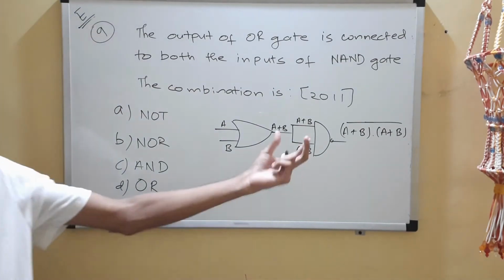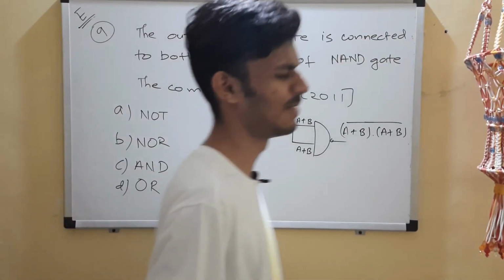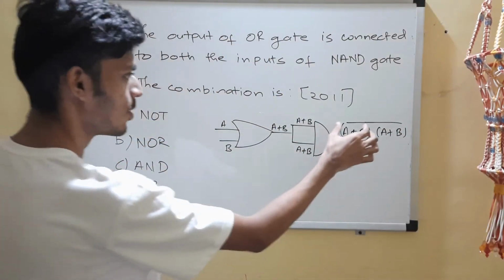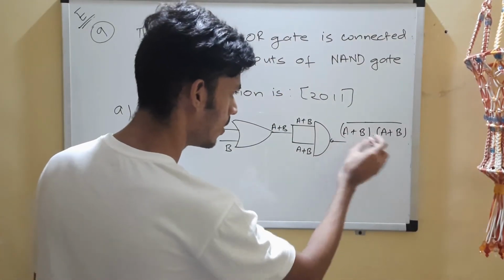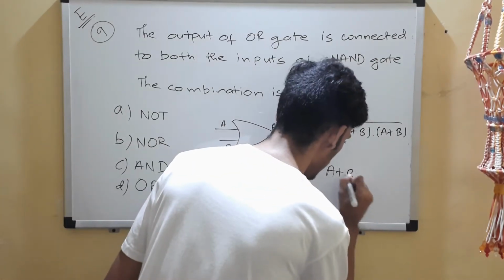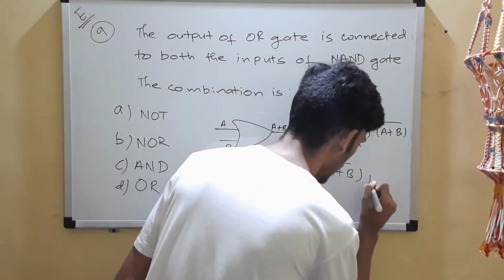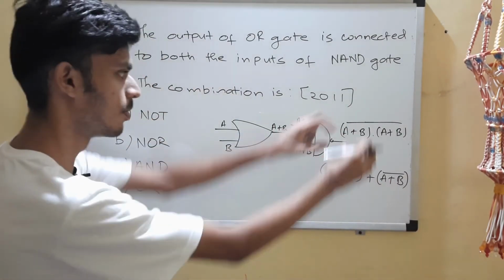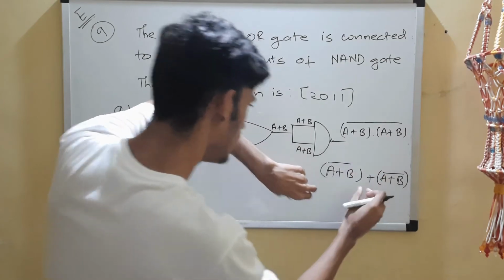Now I'll apply De Morgan's theorem, which simply says break the line, change the sign. So you break this line among these two terms and change the sign in between them. You write it as (A plus B) the whole complement plus (A plus B) the whole complement. So break the line and change this dot sign to plus sign.